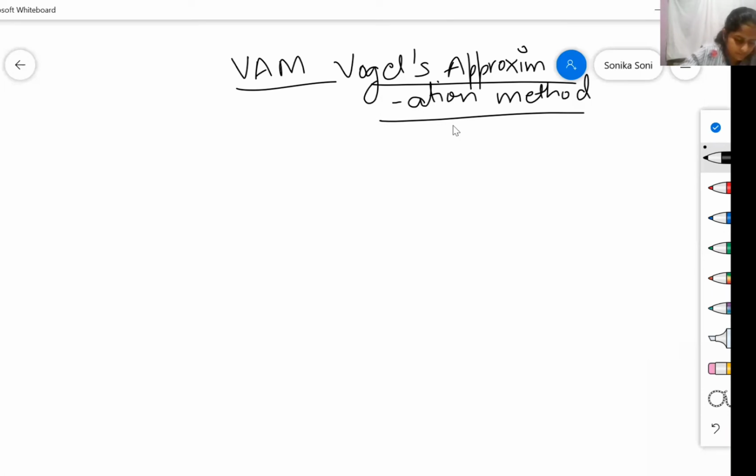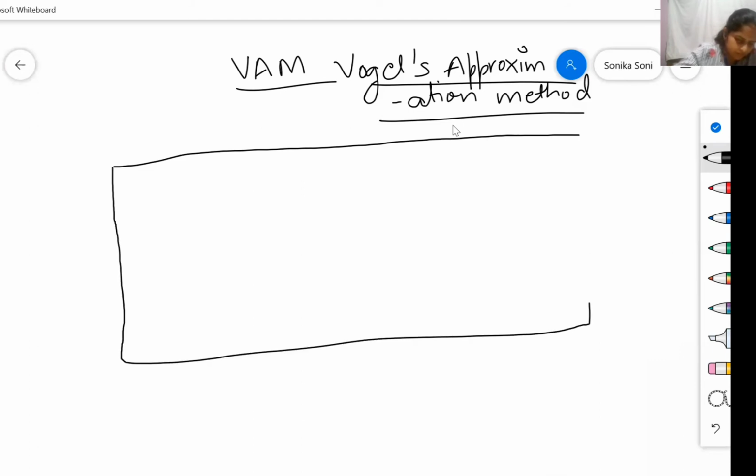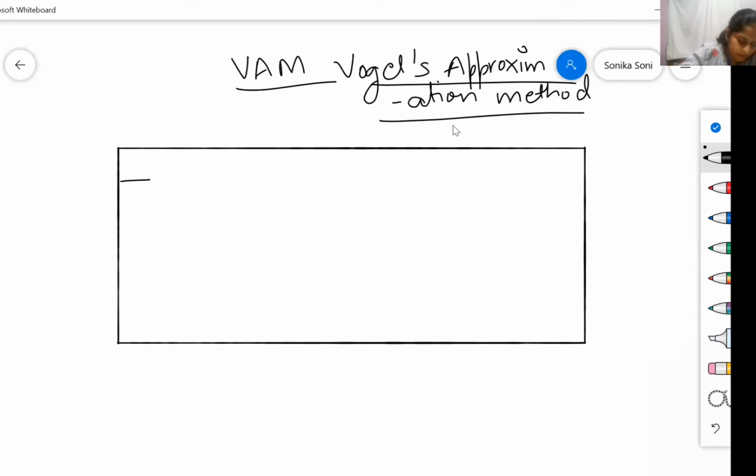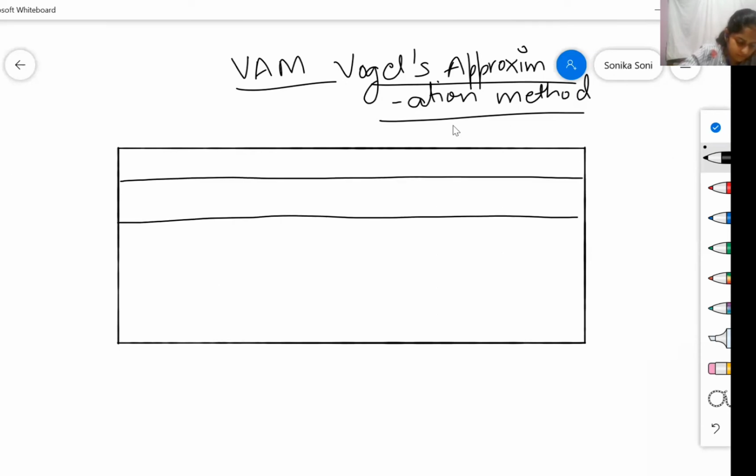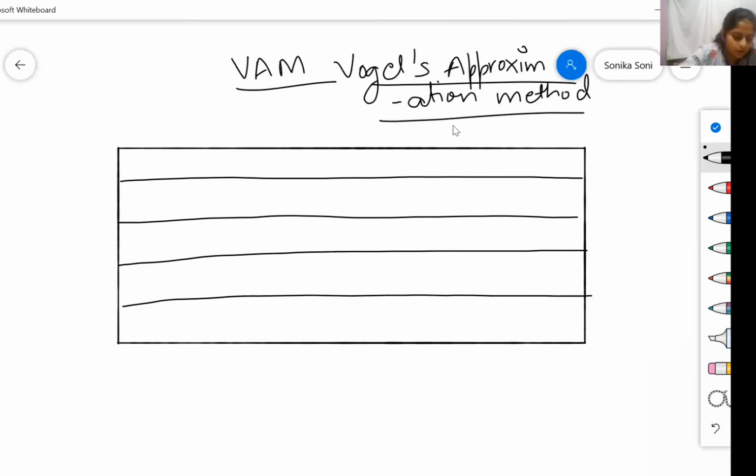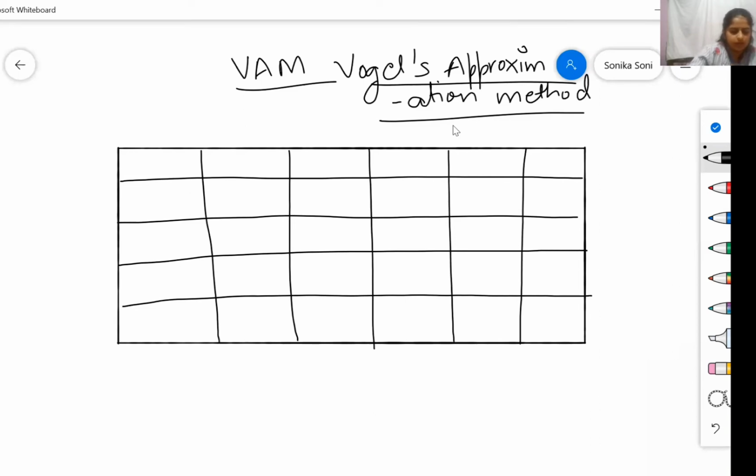we have 5 rows and 6 columns. Here we have 4 destinations, D1, D2, D3 and D4, and supply.